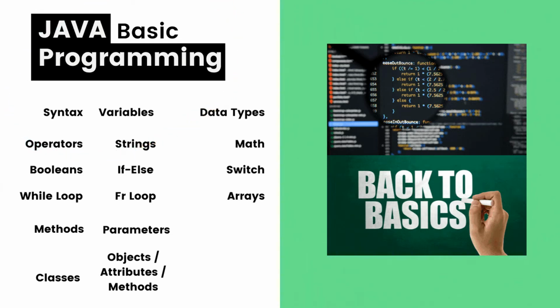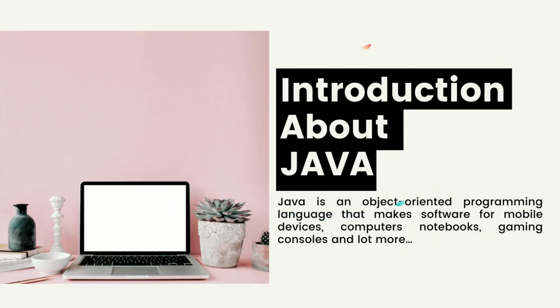Now, before we learn how to do Java programming, let's learn why to learn Java. Java is a coding language, an object-oriented programming language that is used to make software for Android devices like mobiles.